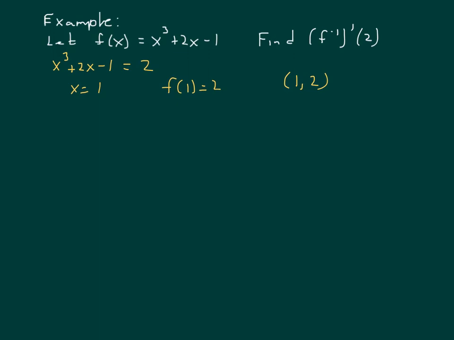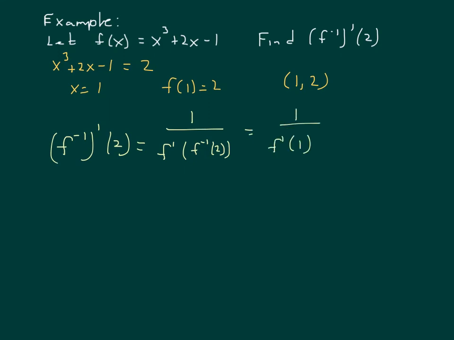So f inverse prime of 2 is going to be 1 over f prime of f inverse of 2, which really is 1 over f prime of 1.